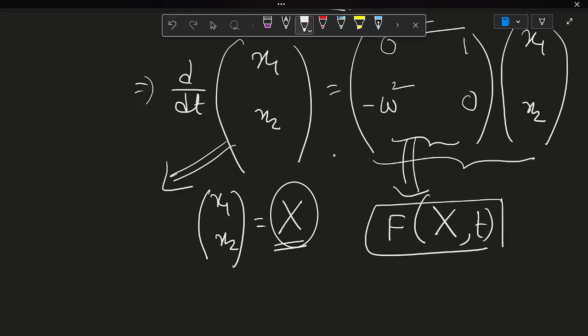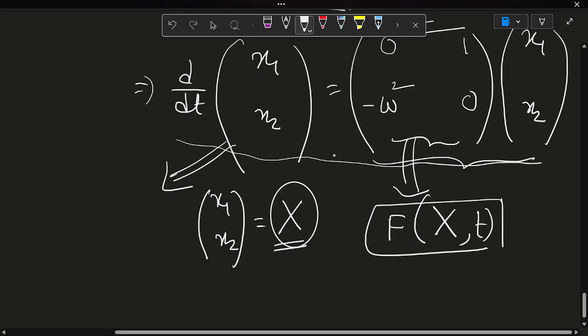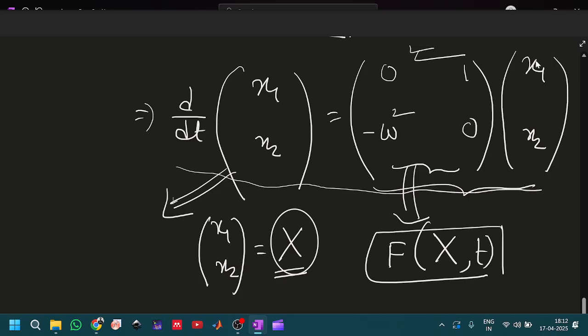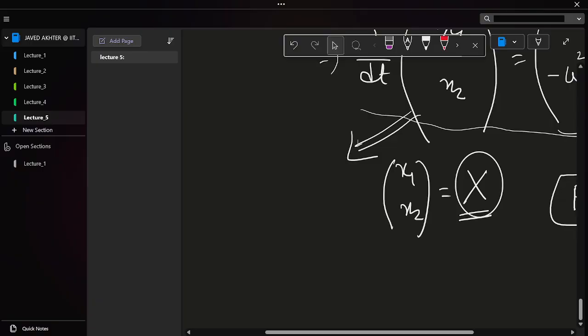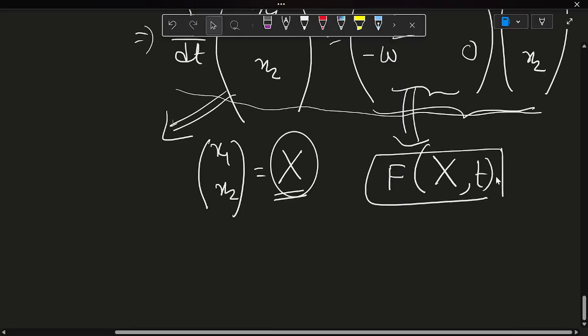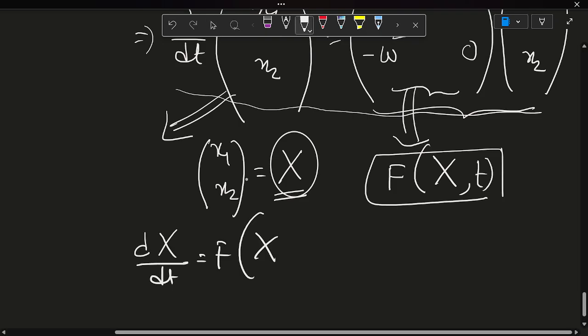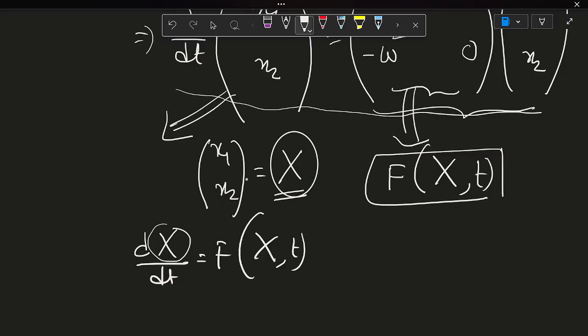So you have this kind of equation and you want to solve it. How can you use the Euler method for this? Let me show you in MATLAB. You have dx/dt equals f(x, t), but now, in the previous case of the first order differential equation, it was a scalar, a 1 cross 1 matrix, whereas right now this is a 2 cross 1 matrix.